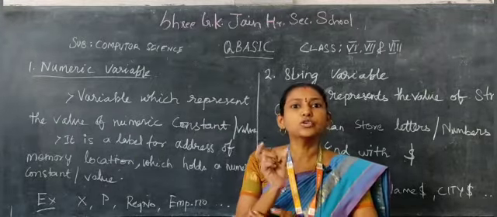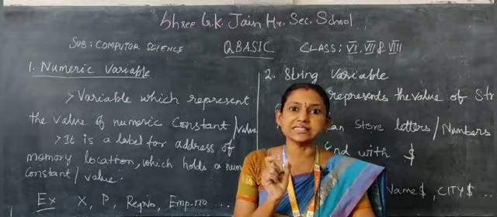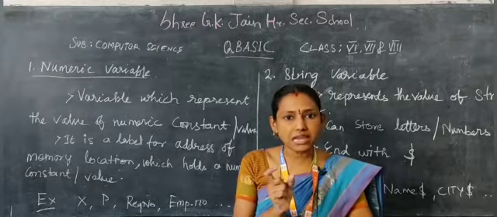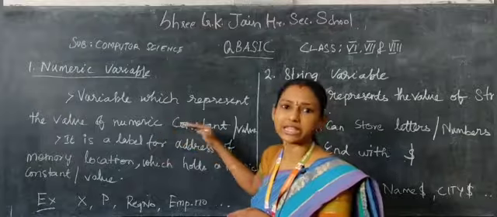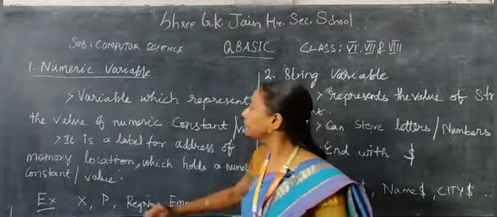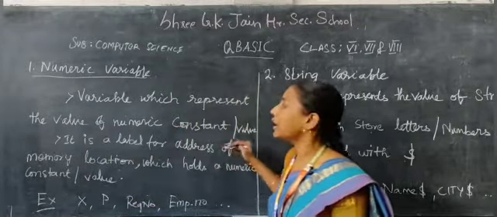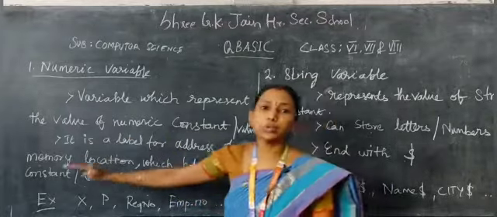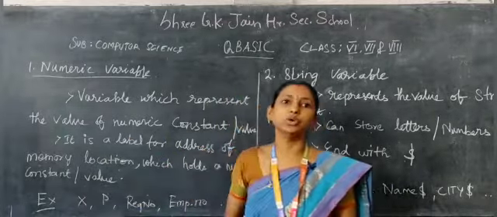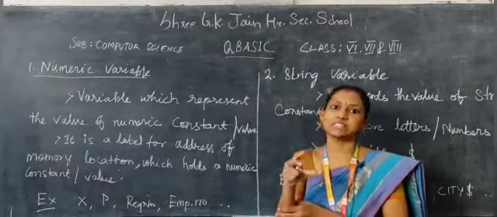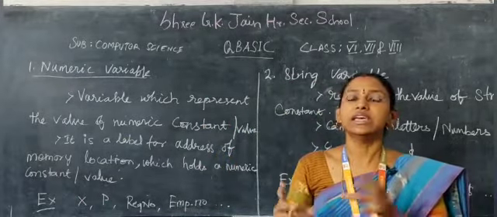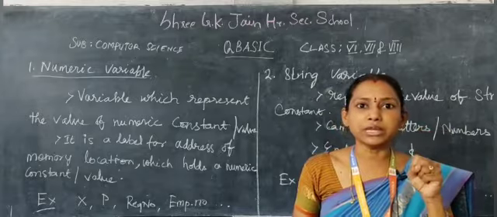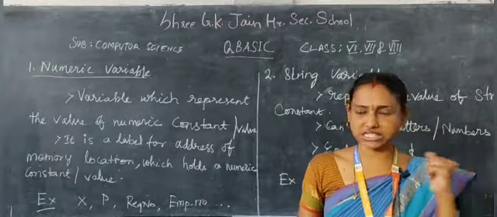The value which consists of integers, that is numbers, is known as numeric constants or value. And it is a label for the address of a memory location which holds a numeric constant or value. When we call a variable, it gives you the address of the memory location where it is saved.